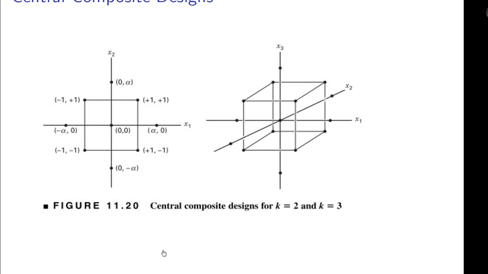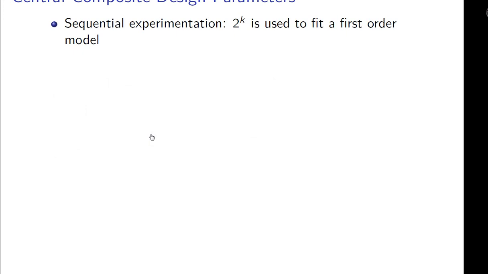So once again, this is the original diagram that you saw with the coordinates, and here alpha is representing the general case where we've been placing the axial runs at alpha equals the square root of 2. Now, this lends itself to a central composite design being used for sequential experimentation. And remember, this was one of the motivations for a fractional design. One could take a complete factorial design, construct 2 or more fractions, and run the fractions sequentially.